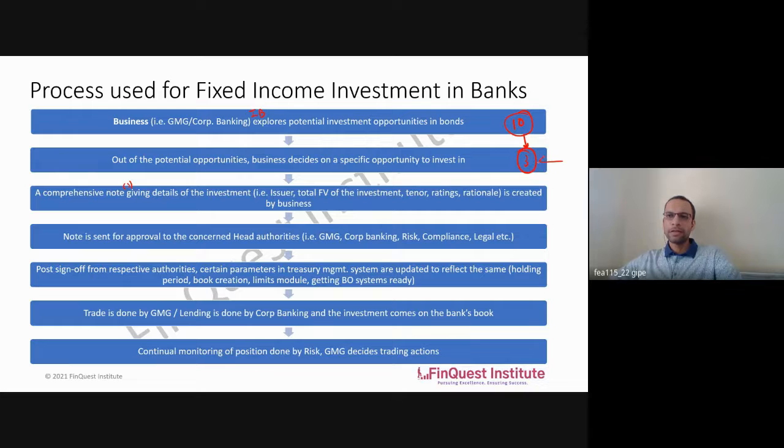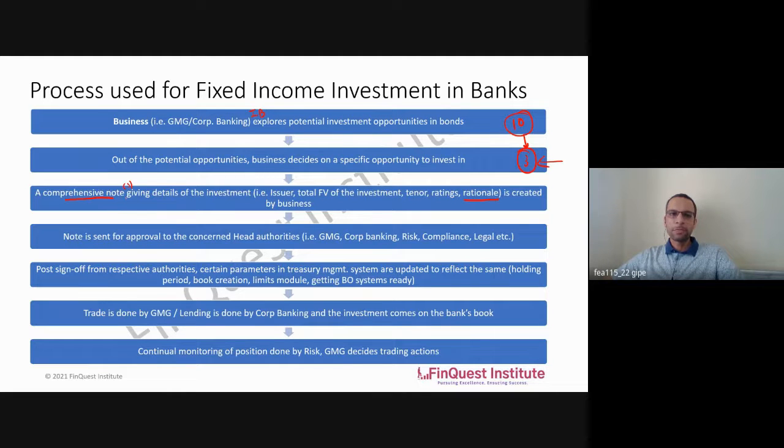So if we look at three investment opportunities, three different notes have to be prepared, and each note has to talk about various things: what is the tenor of the investment, what is the face value of the investment, what is the issuer, what are the ratings, and also the rationale as to why they are making that investment, because rationale is immensely important. Unless the business can justify the rationale, getting clearance for these opportunities could be difficult. So the rationale also has to be clearly mentioned, and all of this sits inside a note.